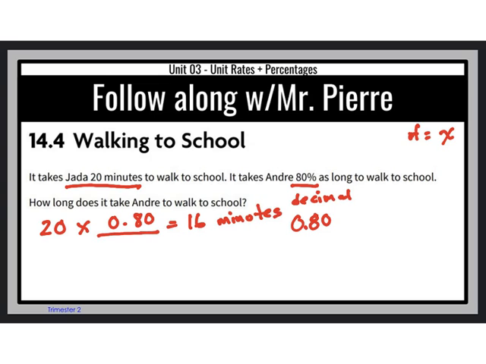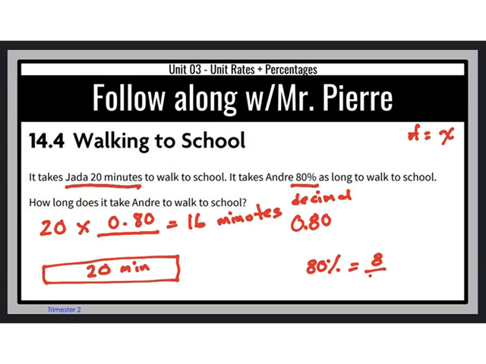The other way we could do this is recognizing that if we know that the entirety of the time it takes Jada is 20 minutes, we can also see that 80% of that would just be the fraction 8/10. And so 80% as a fraction is equal to 8/10.